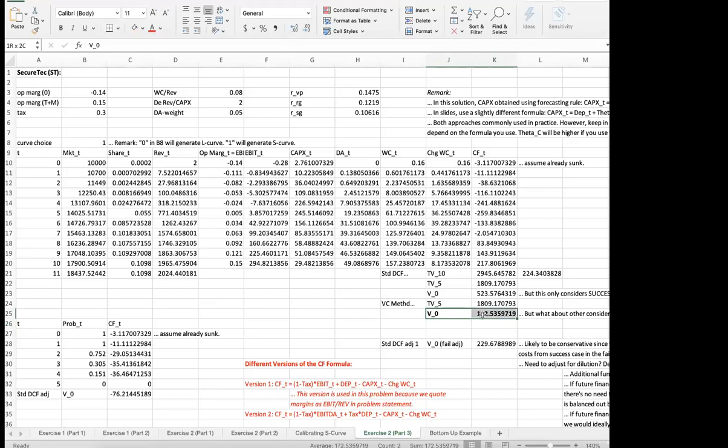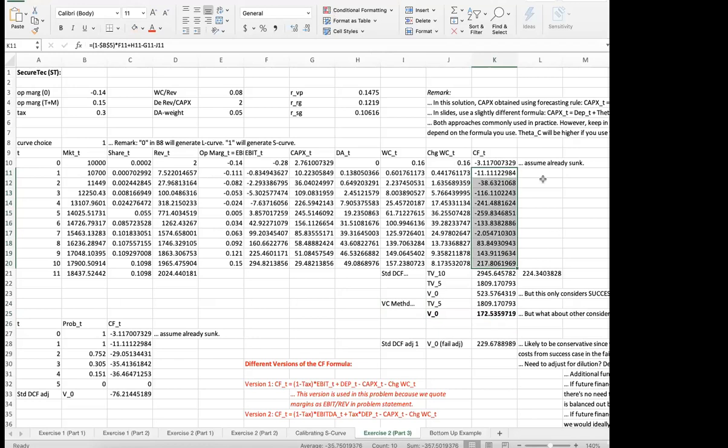So this is one approach that we can use to get our valuation for the startup. One thing I should highlight is that this valuation here is a value of the startup using operating cash flows, right? Because these are cash flows from operations.